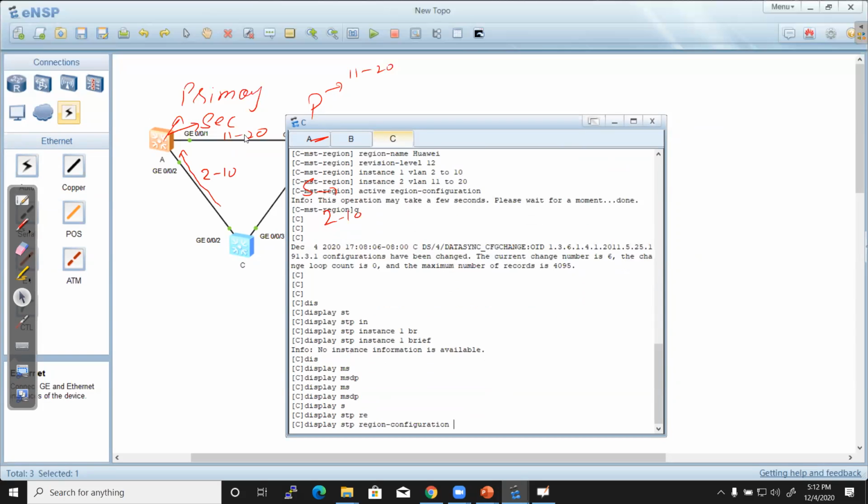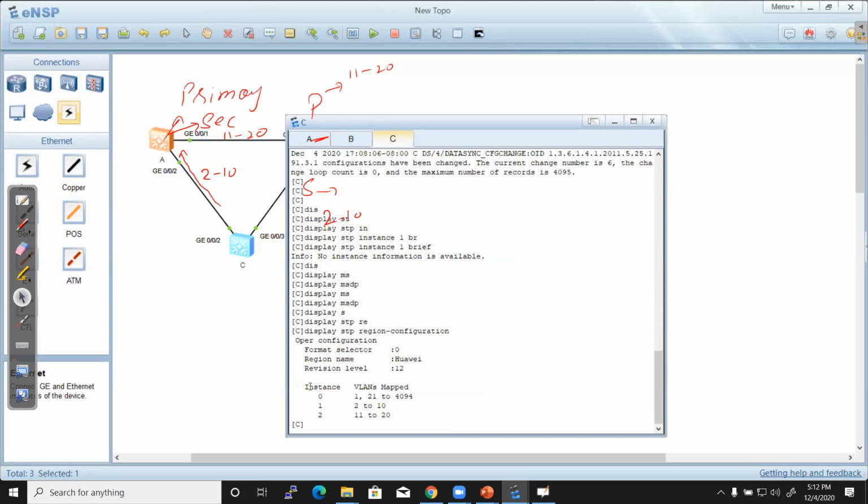STP regional configurations. You guys can see we have created instances, but it's saying no instance information is available just because we are using simulators. So normally some of the concepts we cannot verify. But if I remove this topology and create another, new topology, you will be able to see the results. And here you can see I have created instance 1, and I have mapped these VLANs with instance 1, and I have created instance 2, and I have mapped these VLANs with instance 2.